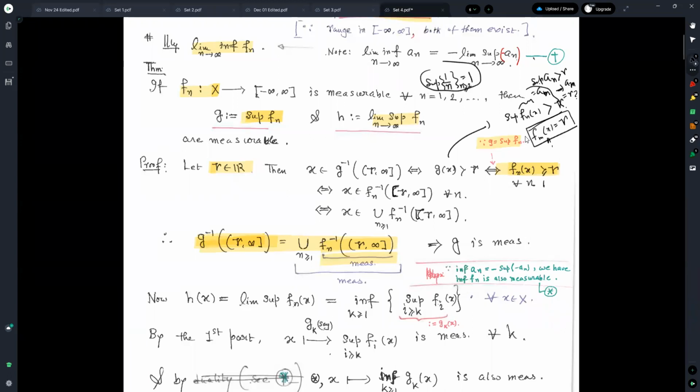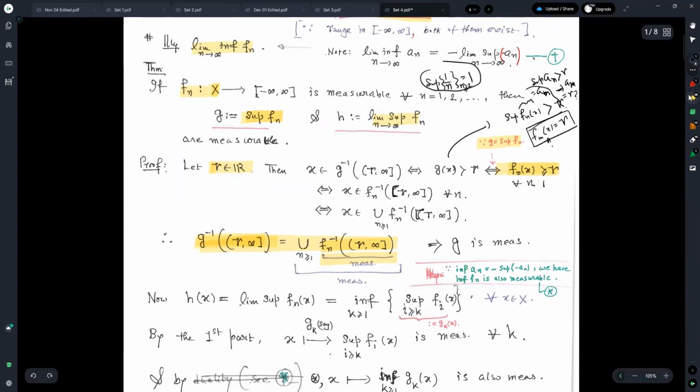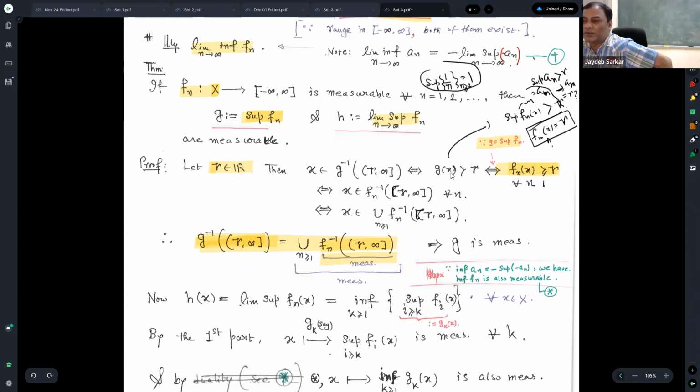So I should say there exists n such that Fn(x) is greater than R. There exists n. Okay, I have to inspect this from the beginning then. Let me erase this. So I'm having sup of, but I'm in the larger R situation, right?